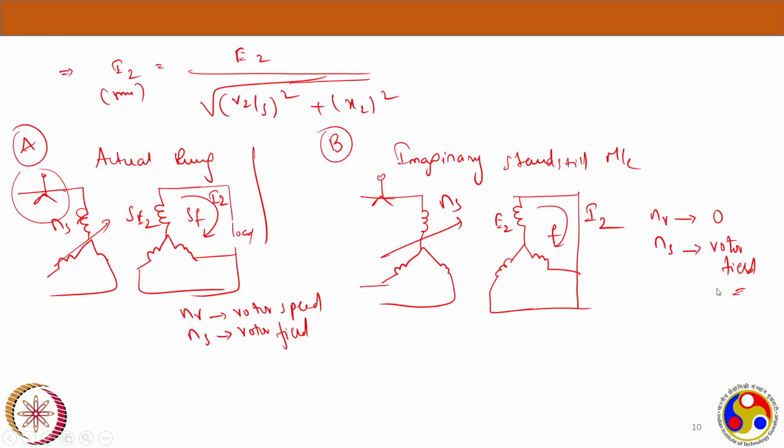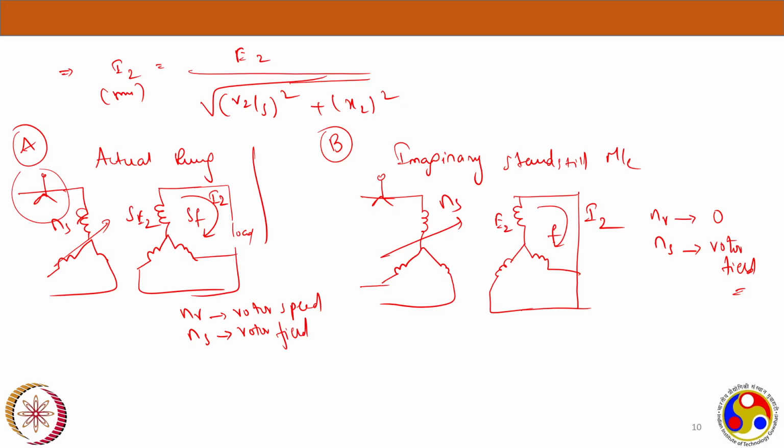Now the interesting thing is you are sitting on the stator of these two machines. If I ask you which machine is rotating and which is standstill, you cannot say it. Because you are sitting on the stationary stator, and for both the rotating machine and the standstill machine, the fields of the rotor are the same. That is NS, both are having the NS rotor field.